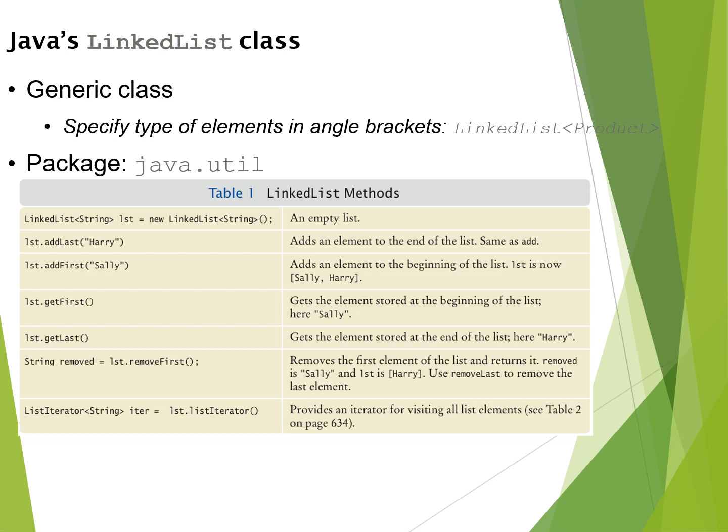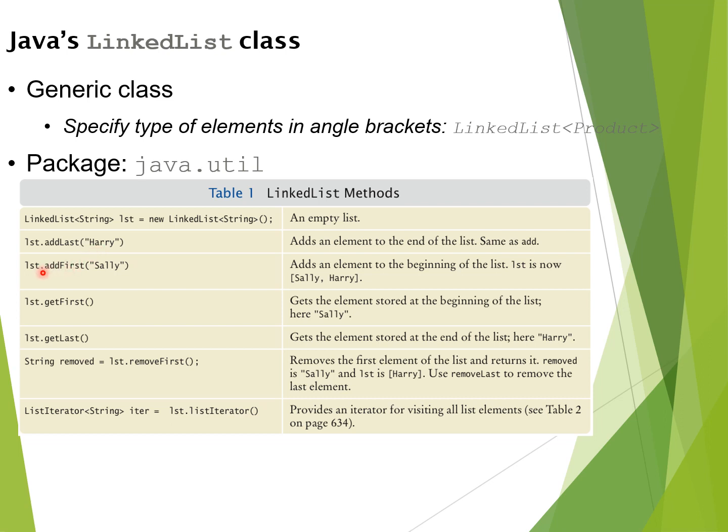Then you can apply a method like addLast. addLast adds the explicit input parameter to the end of the linked list. So when you addLast Harry, it adds an element to the end of the list, and that element has a string in it called Harry.